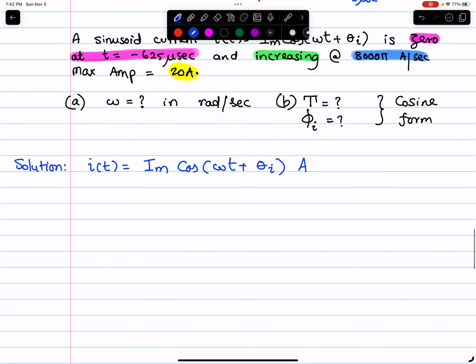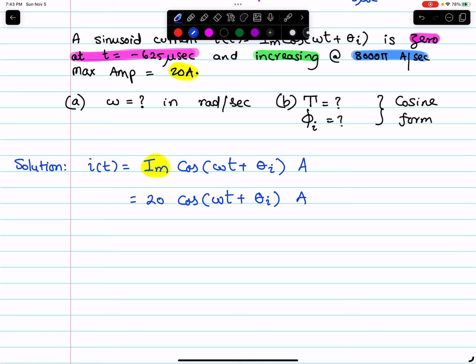Let's simply plug in what we know right away. We know that Im is 20 amperes, so I'm going to write it as 20 cosine(omega t plus theta i) in amperes. This 20 is coming from the maximum amplitude given.